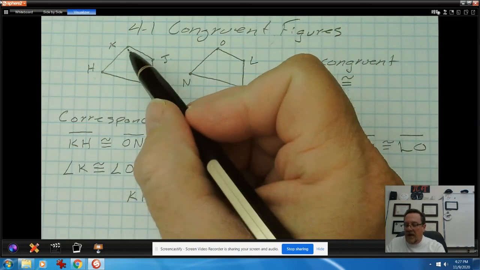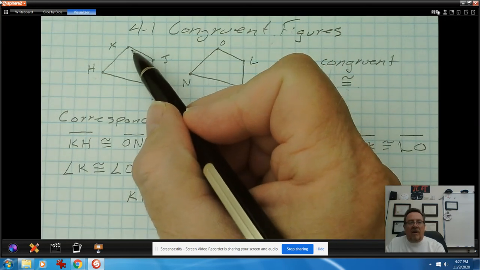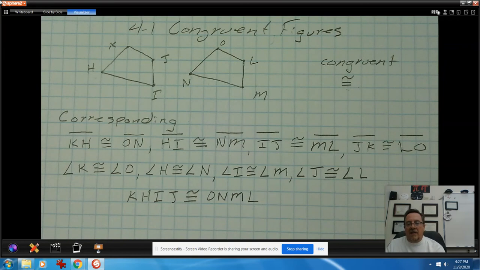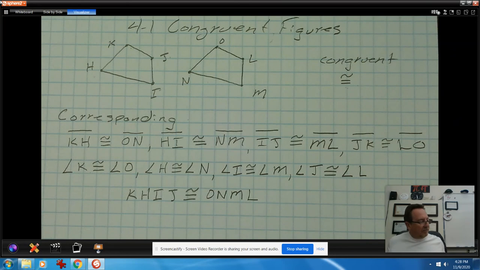Because it's clear which angle I'm talking about if I'm talking about angle K. If it's not clear, we might have to list angles with three letters, but we lucked out in this particular figure, and we could do it with one letter for each angle. Okay?